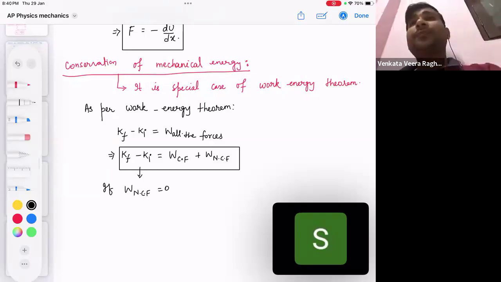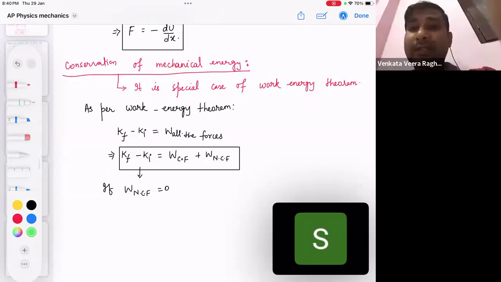So if I'm applying the work energy theorem and I see in the question that there is no work done by any non-conservative forces, please listen carefully. If in a question non-conservative forces are not doing work, then what will it become?